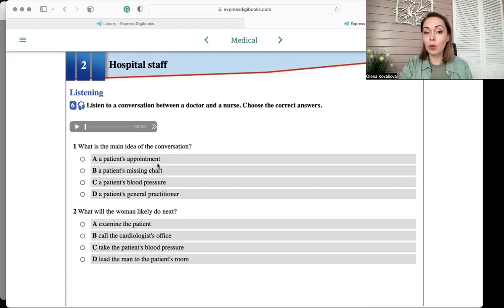A patient's appointment, пам'ятаємо, appointment – це коли йде запис пацієнта до якогось лікаря. A patient's missing chart – пропавша картка пацієнта, зникнувша. A patient's blood pressure, артеріальний тиск, as we know, it can be higher sometimes, and a patient's general practitioner.